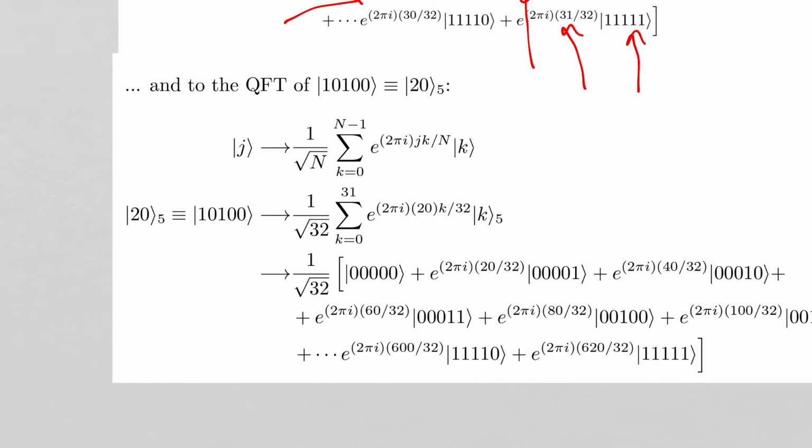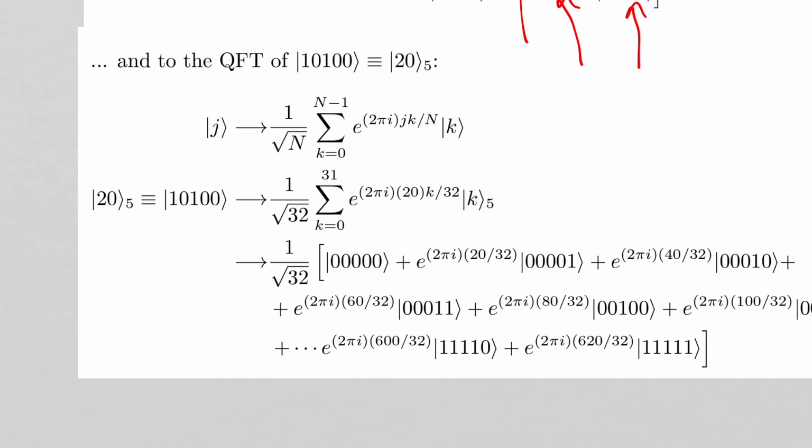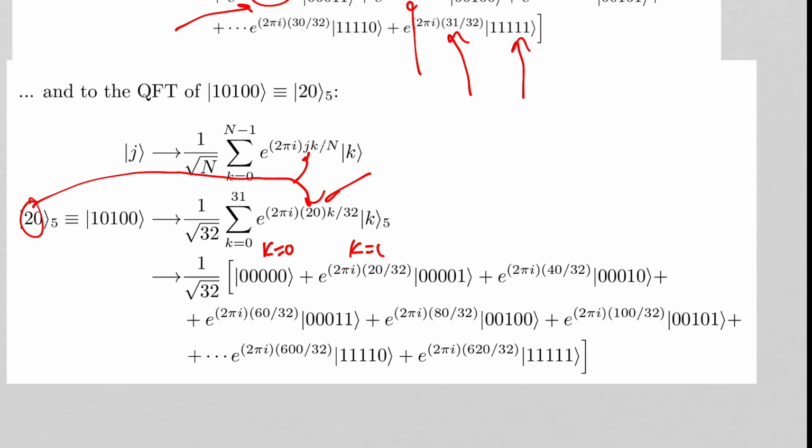And then I said, well, let's just look at 20, right? It's the same thing. This 20 lands right there, replacing the j. The k is being summed over, again as decimals. So k equals 0, k equals 1, k equals 2, all the way up to k equals 31, and that's 620.